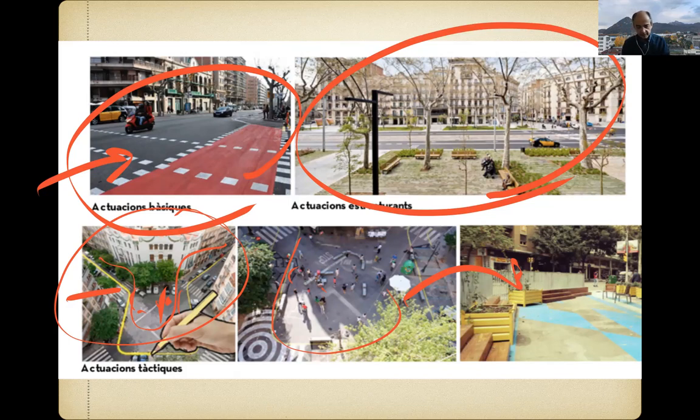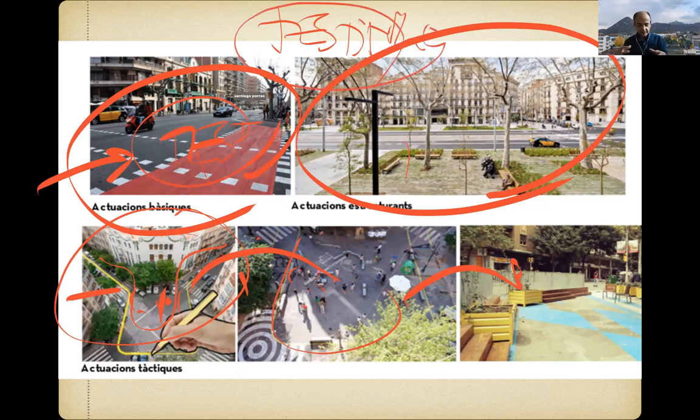So that way, you can start implementing things slowly and with a very small effort, improve the space, test how it works in terms of acceptance for the citizens, so you can fine tune before you go to the final decision, which might take years, but you can do these initial acts in just a period of weeks or months, right?